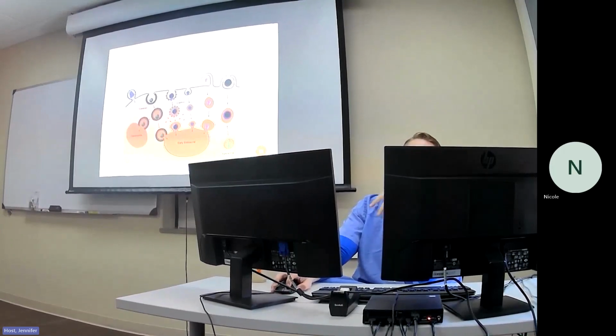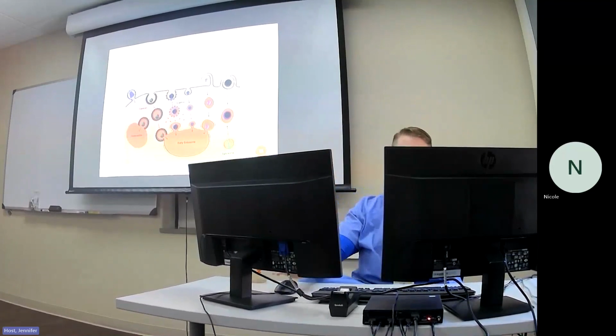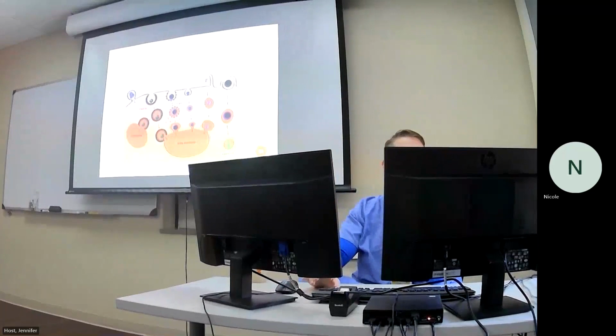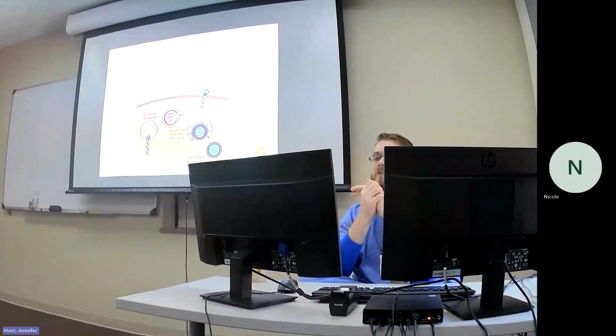You can do bulk phase endocytosis, but we're going to pretend that was not there. And then phagocytosis is when the cell actually goes out and grabs it itself. So endocytosis, it goes in from the surface. Phagocytosis, it kind of goes out and grabs it.